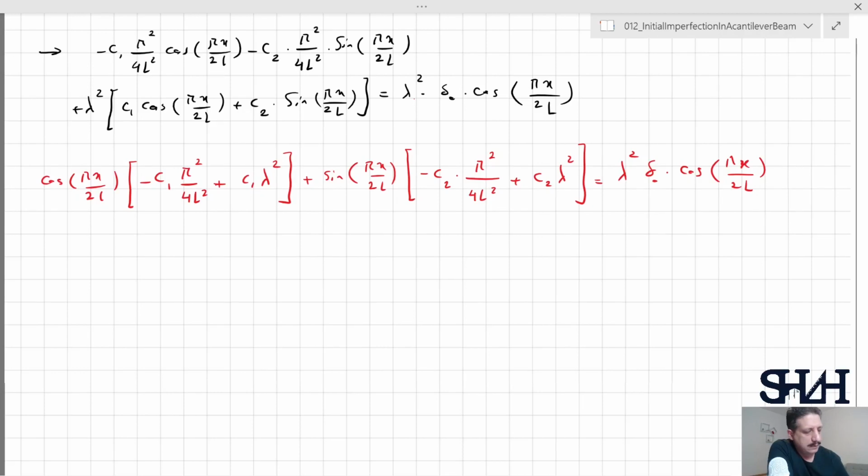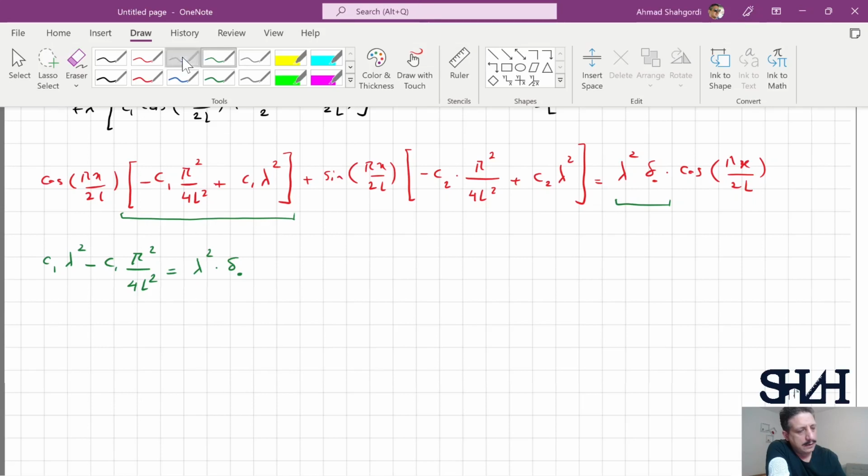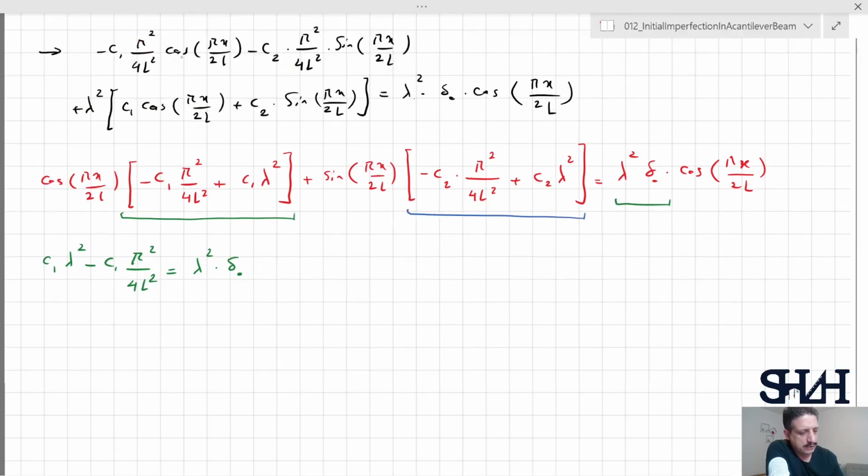The coefficient of cosinus on the left side is c1 lambda square minus c1 pi square divided by 4l square, and on the other side it's lambda square delta 0. And for the next term, for sinus, c2 lambda square minus c2 pi square divided by 4l square equals the other side.